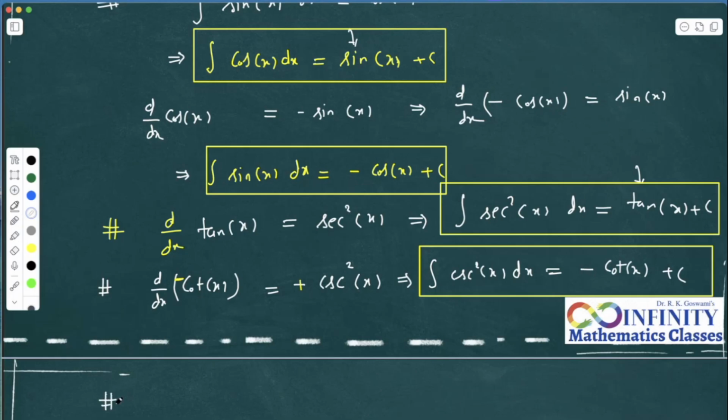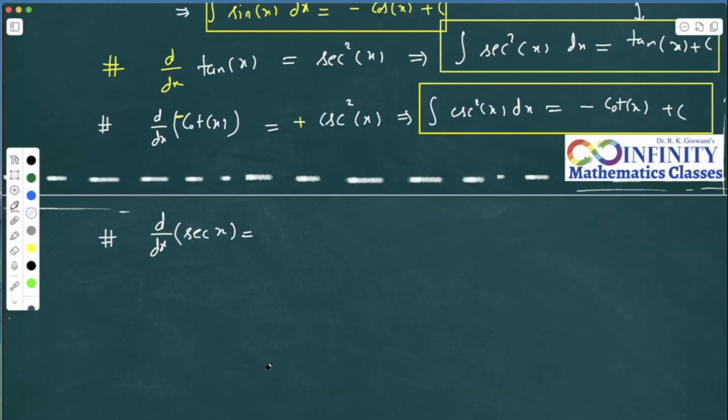Next, we discussed the derivatives of tan and cotangent x. Help me, what is the derivative of secant x? Should I help you? I'm not sure, I forgot.